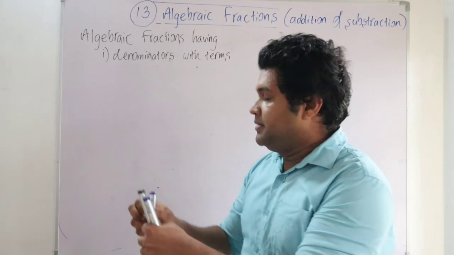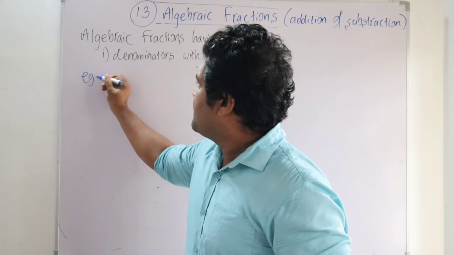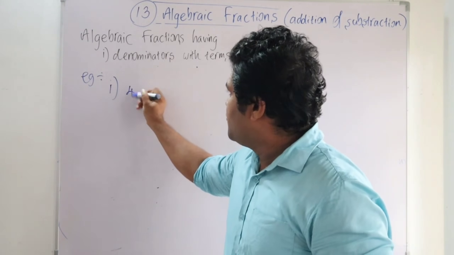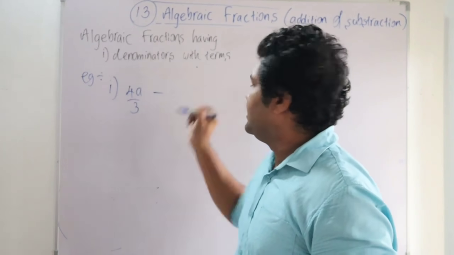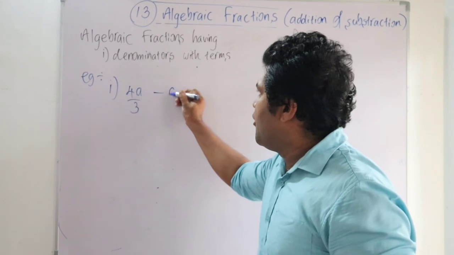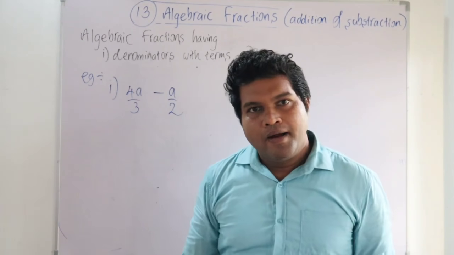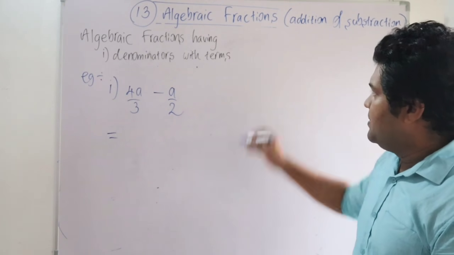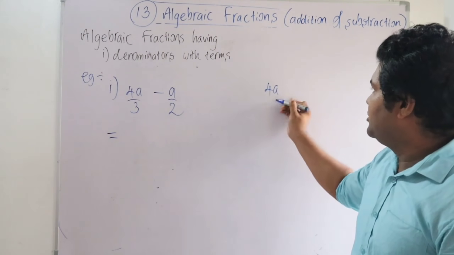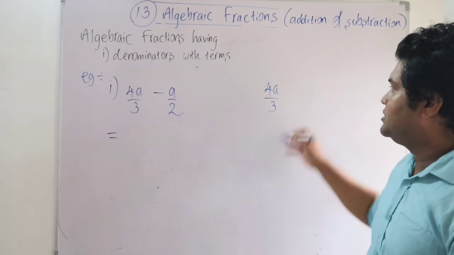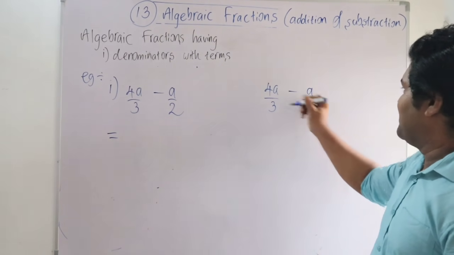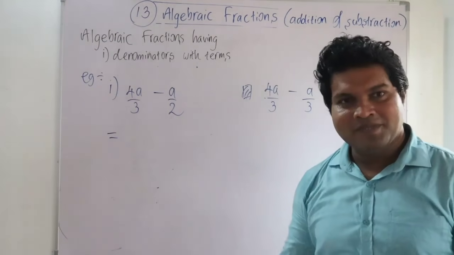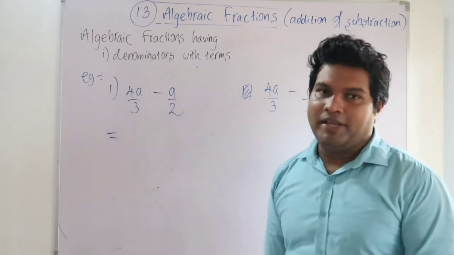For example number 1: a over 3 minus a over 2. How to do this one? And similarly, if I write down another case, 4a over 3 plus a over 3, what will happen? It's an additional question, but this is the right question.